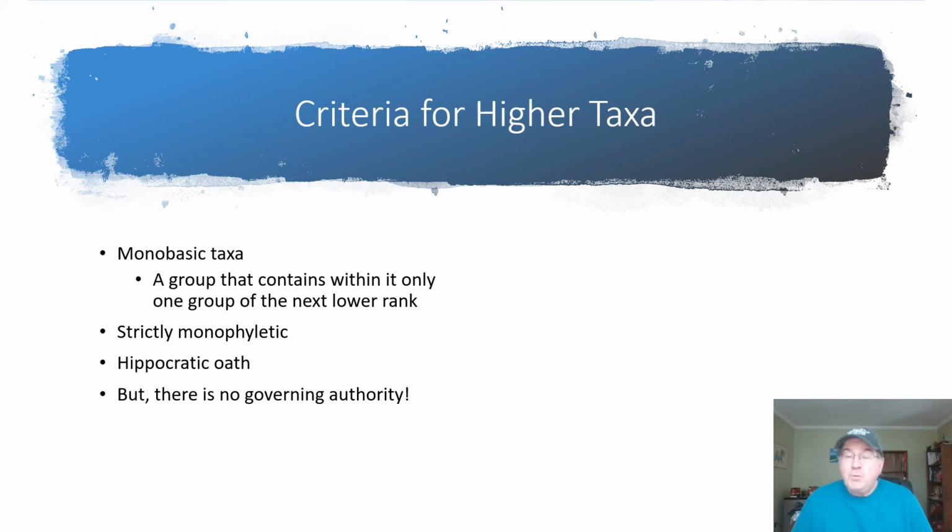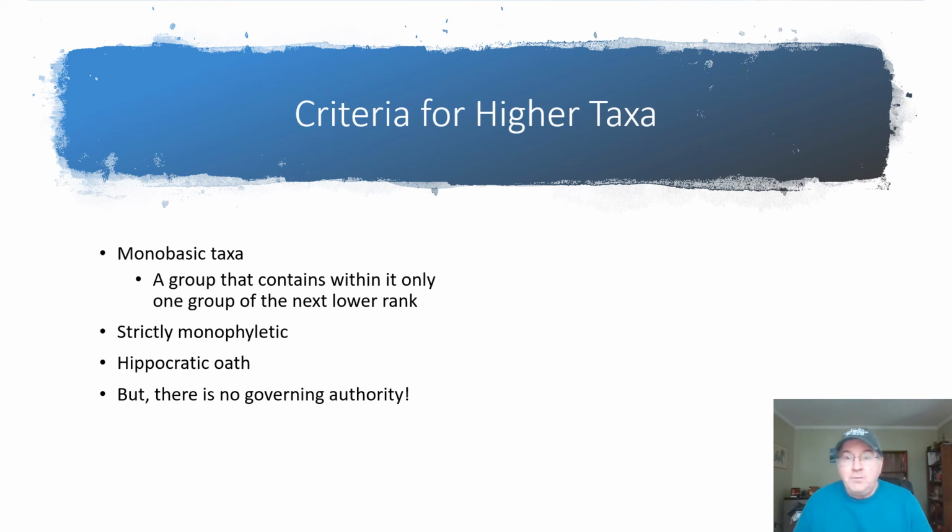So what's wrong with monobasic taxa? The classification is replete with monobasic taxa. Some of these things arise because some groups are just so old that if there were other species or genera, depending on the level we're talking about in the classification, that would be classified with them, they've gone extinct.